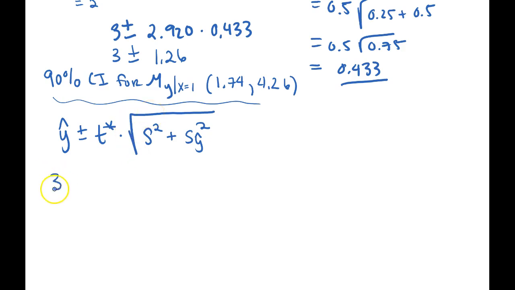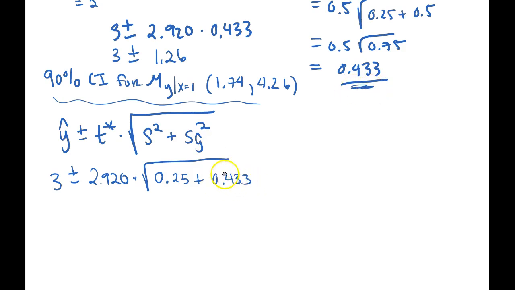So our y hat is again equal to 3 plus or minus a t critical value of 2.920. It's the same t critical value as before, but now we multiply by the square root of s squared, which was given to us in the problem as 0.25, plus s y hat squared. Remember, this is the value over here, 0.433. If we square this value, then we're practically there. So now we have 3 plus or minus 2.920, and all the stuff underneath the square root comes out to be 0.687.